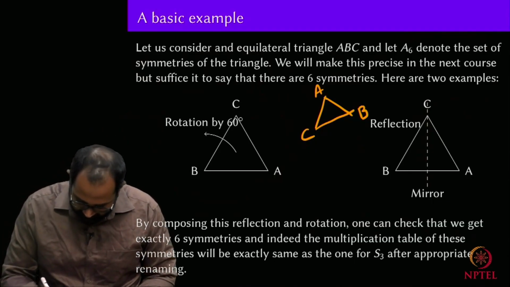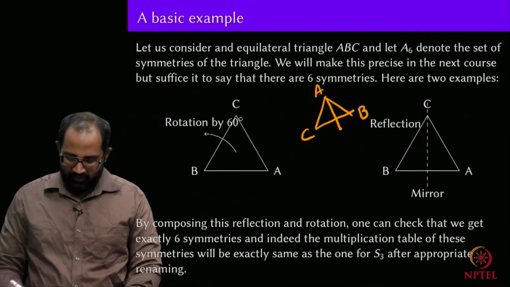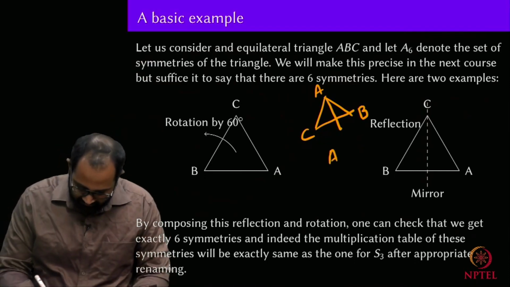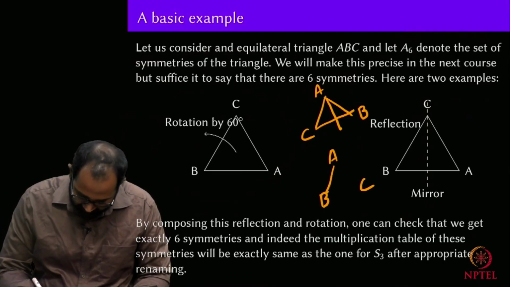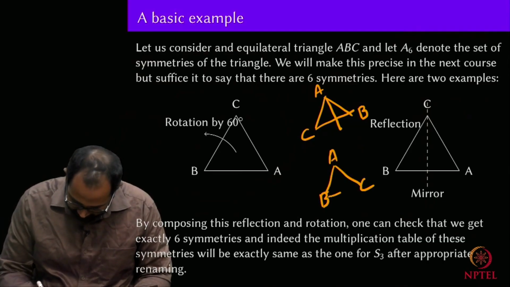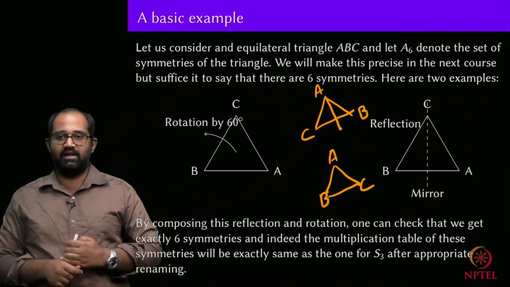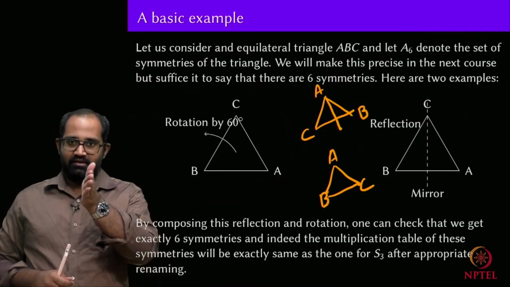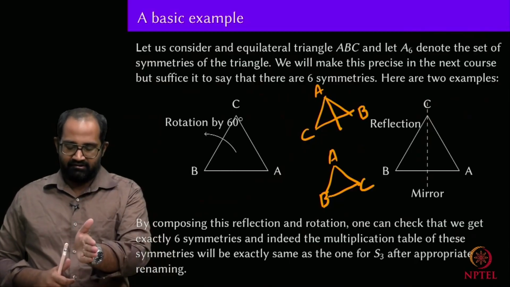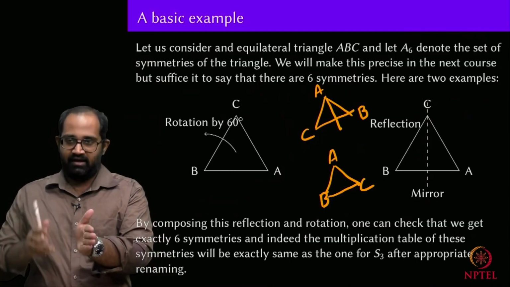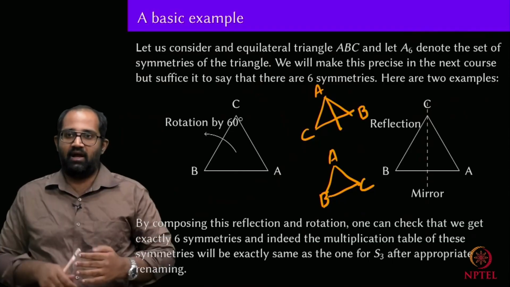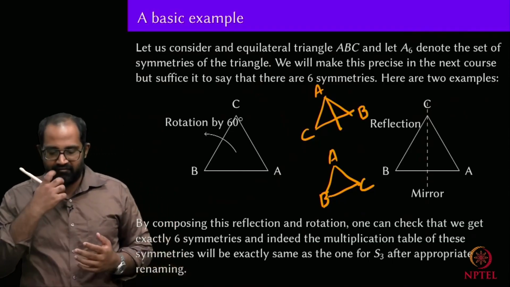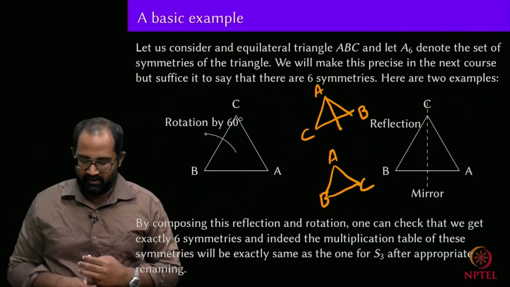If you reflect about a mirror, what you really get is A, B, C. Sorry about this mistake in the picture, it is unavoidable sometimes. Okay. You get this. Now, how do you think of this reflection? One way is to think that there is a physical mirror present passing through the vertex A and seeing what happens to the triangle. Clearly the triangle will be fixed because it is an equilateral triangle.